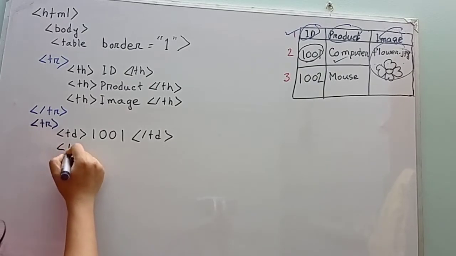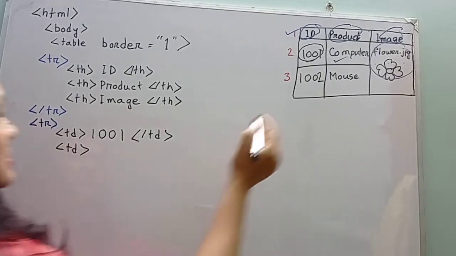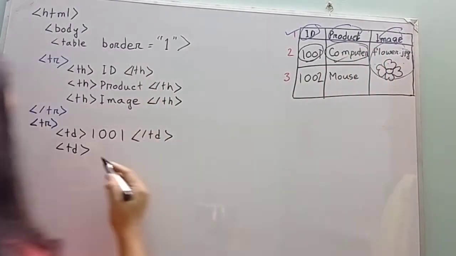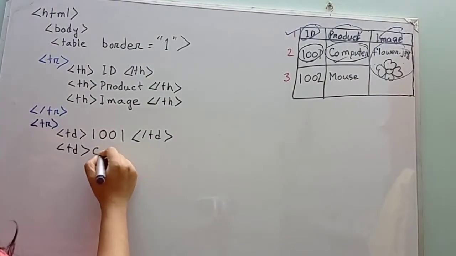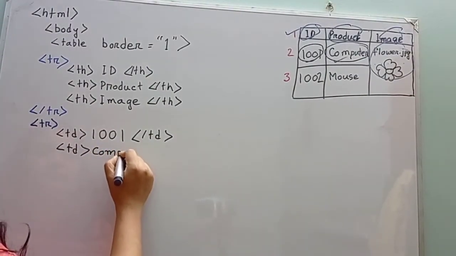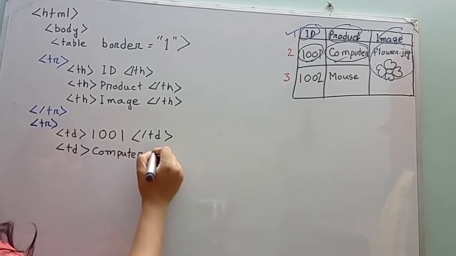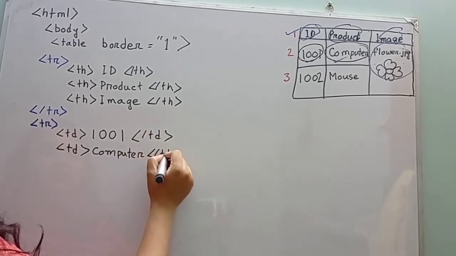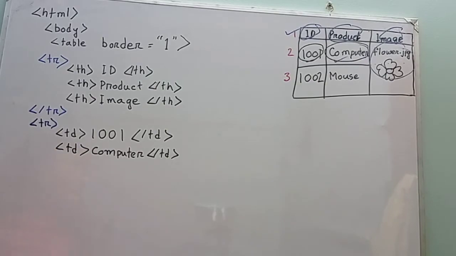For the second data, td, the second data is computer, so I'd like to write computer here, then td close.